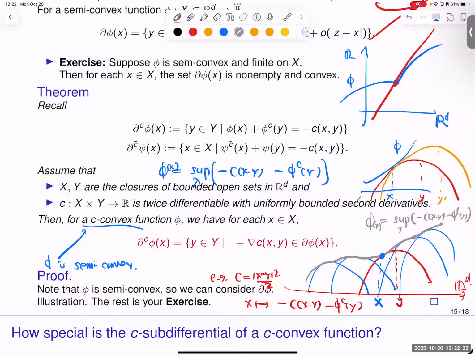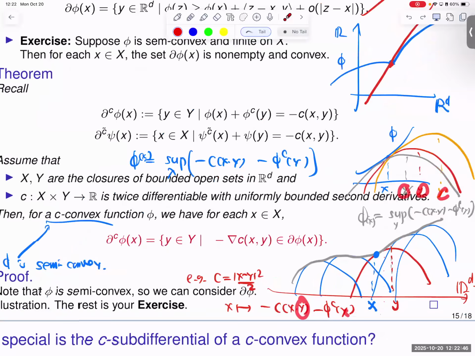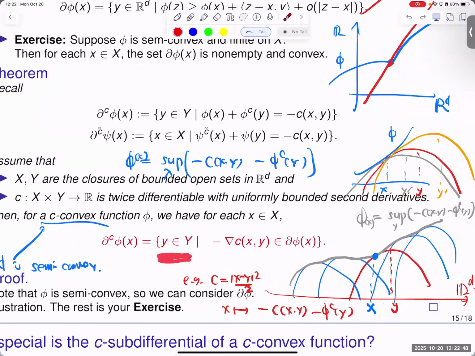So for the given X, you may have several supporting functions in the form of negative c(x,y). And these y's are the members in the C-subdifferential.